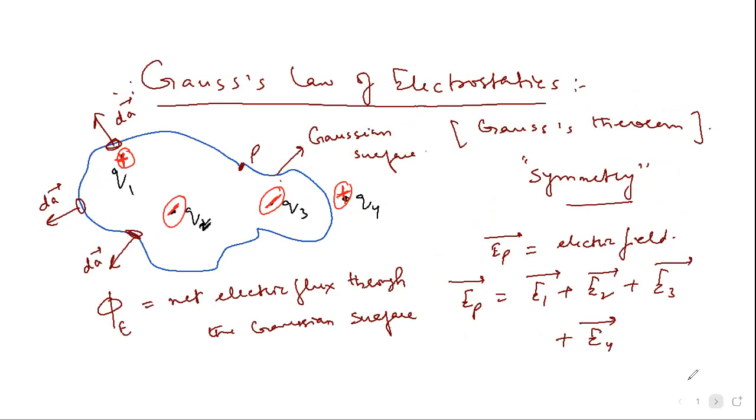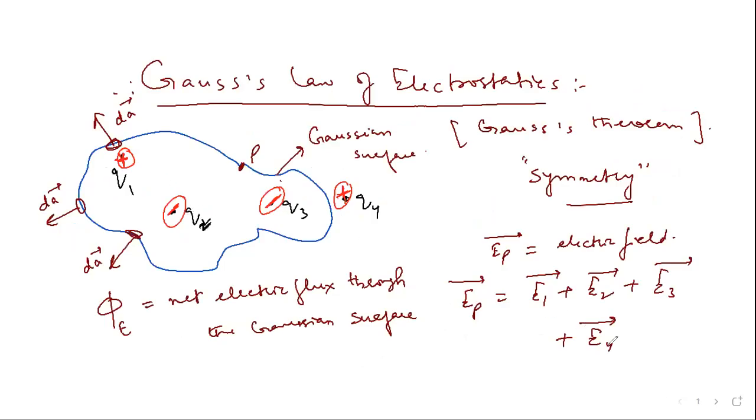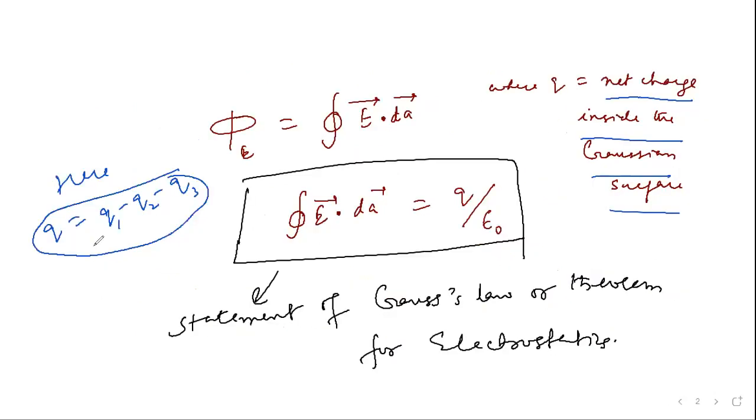Therefore, my Q is Q1 minus Q2 minus Q3. This is the meaning of net charge inside the Gaussian surface. Q1 minus Q2 minus Q3, right?